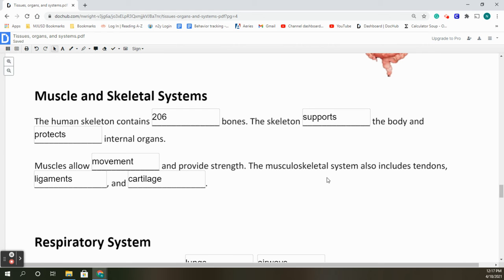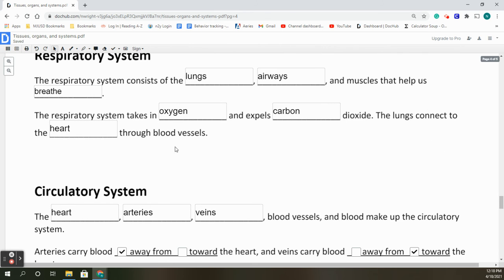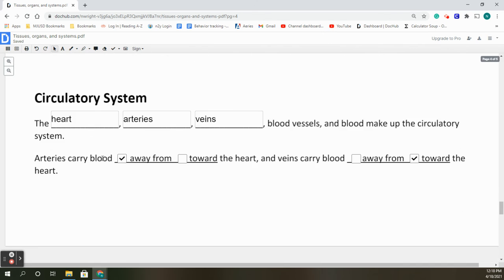The musculoskeletal system also includes tendons, ligaments, and cartilage. Respiratory system. The respiratory system consists of the lungs, airways, and muscles that help us breathe. The respiratory system takes in oxygen and expels carbon dioxide. The lungs connect to the heart through blood vessels.